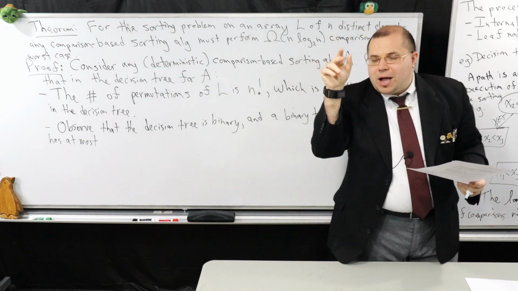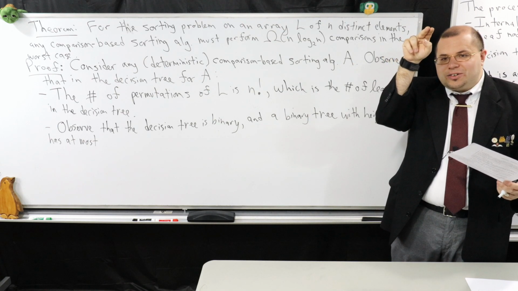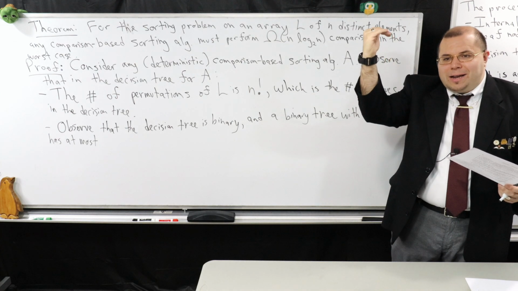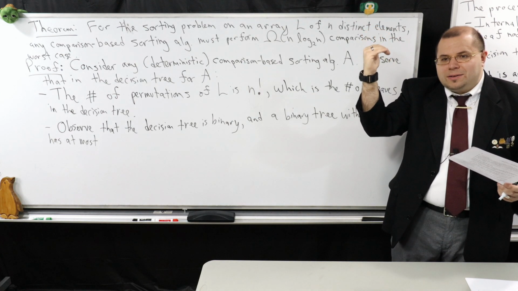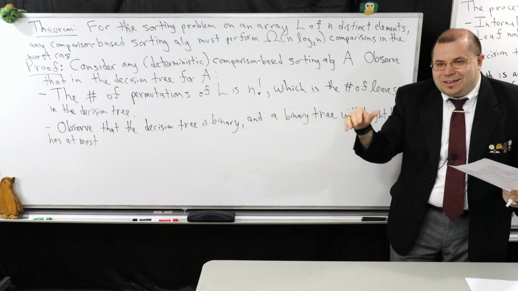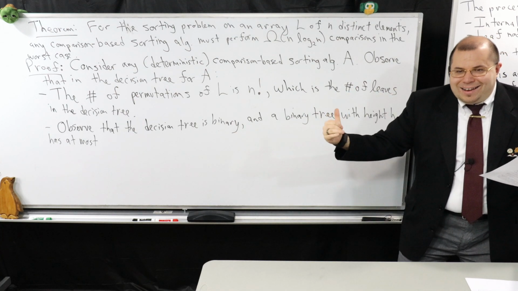If I have a binary tree, I can have at most 2 children. Imagine you start at the root and you split off, you have 2 like this. How many nodes did I have in the first level? 1, then 2. Each one of those is going to split, so 4, 8, and so on.